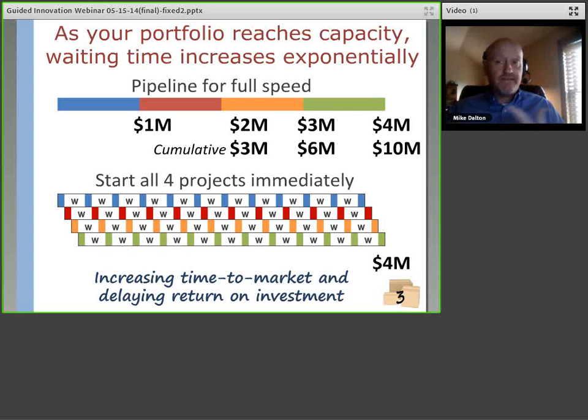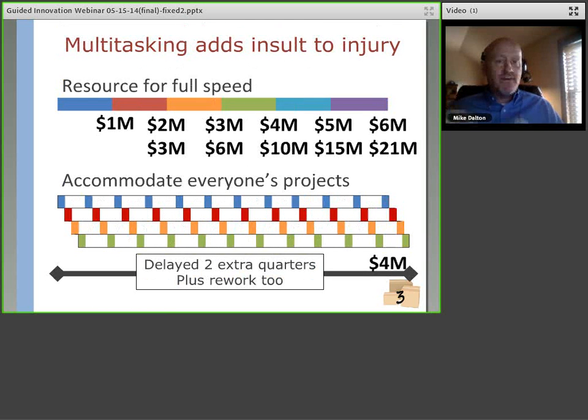And that really has a negative effect. However, the multitasking that we saw makes this problem even much worse, because the added resource inefficiency means that the projects are going to actually take about 50% longer than they did before.